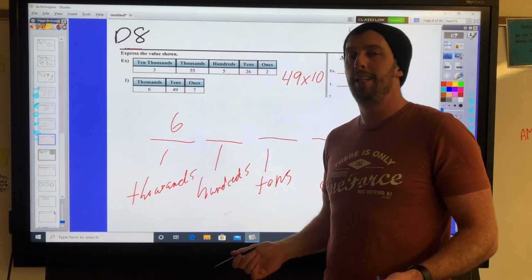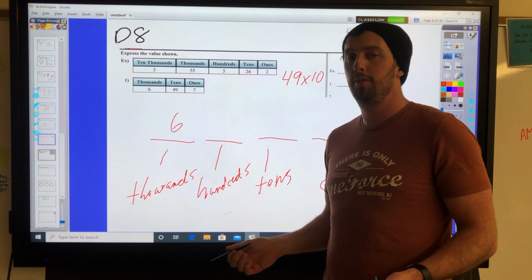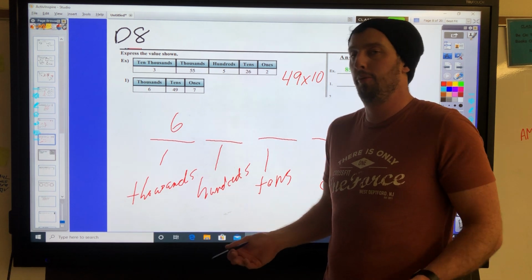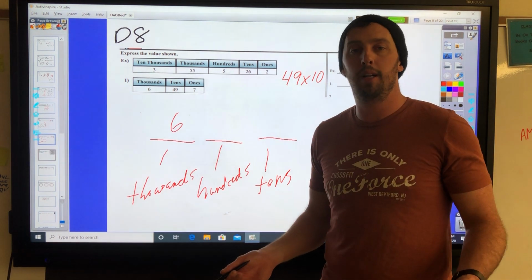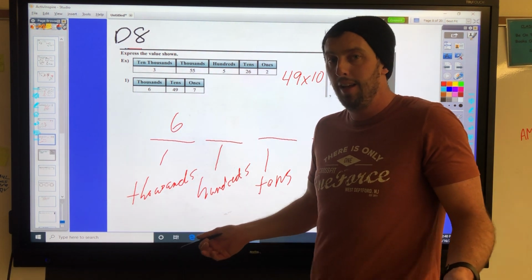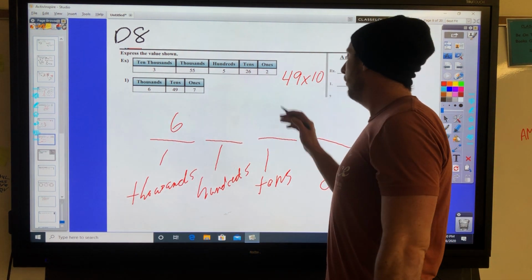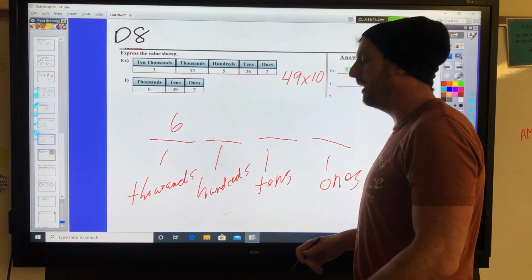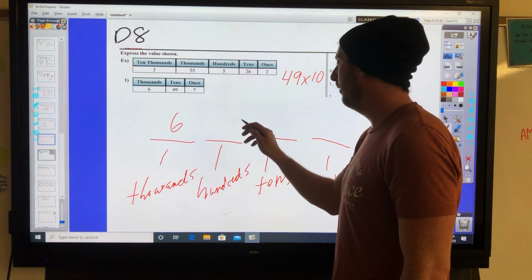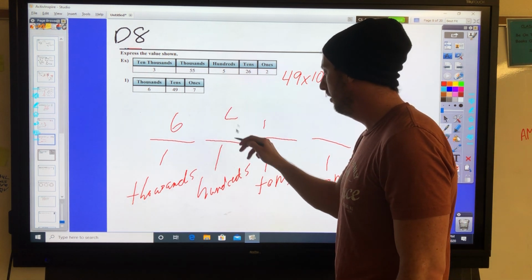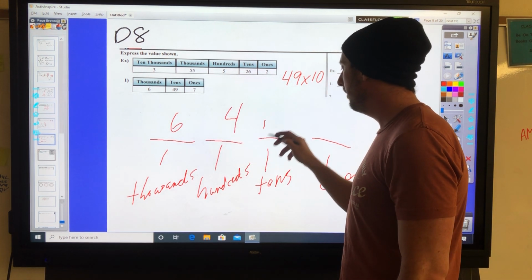If I had 49 dimes, how many pennies should I have? 490. Or if I had 49 dimes, how much money should I have? I should have $4.90. So 49 tenths, 49 times 10 is 490.